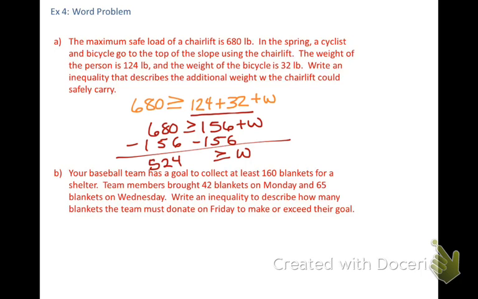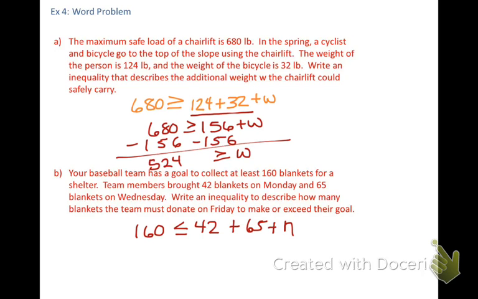Okay, let's try another one. Your baseball team has a goal to collect 160 blankets for the shelter. That's the least amount you want to have, so that will be greater than or equal to. They've already brought 42 on Monday and 65 on Wednesday, and how much do they need to have left?